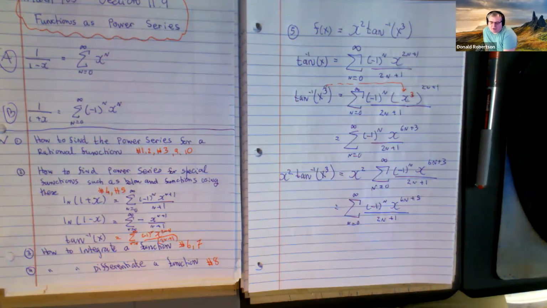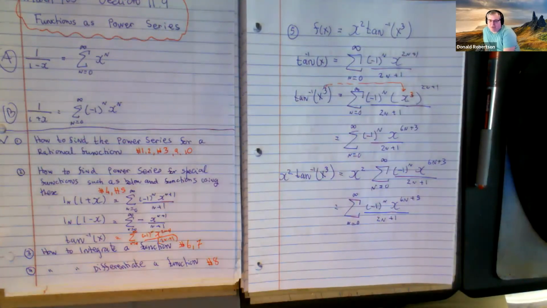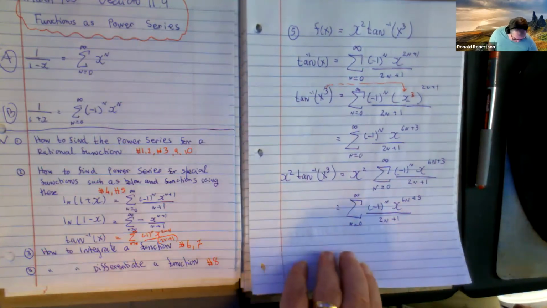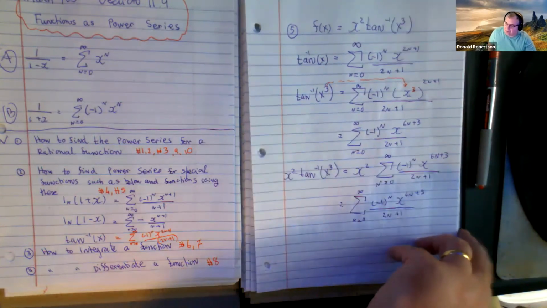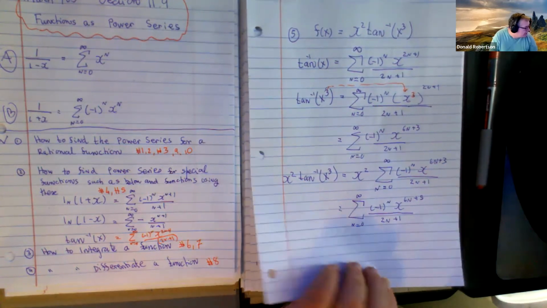So we now have the beginnings of a process for finding power series of functions. In this case, we've figured out a sneaky way of getting the power series of x squared inverse tan of x cubed. Kind of sneaky. And that was a version of question 5.